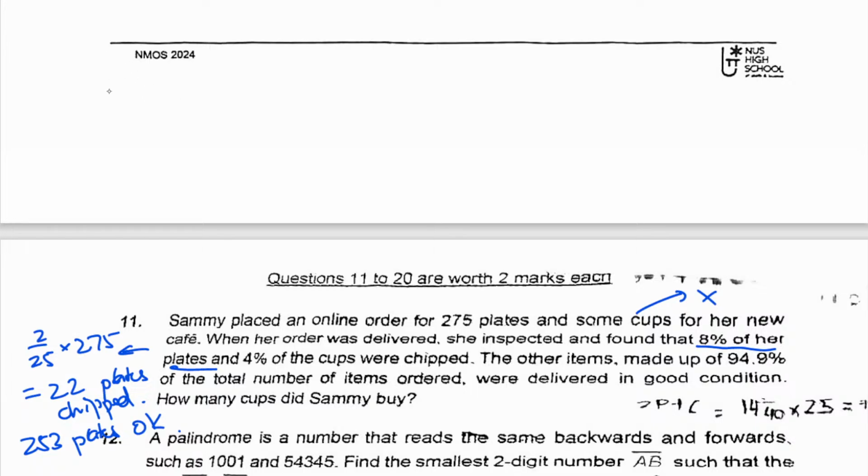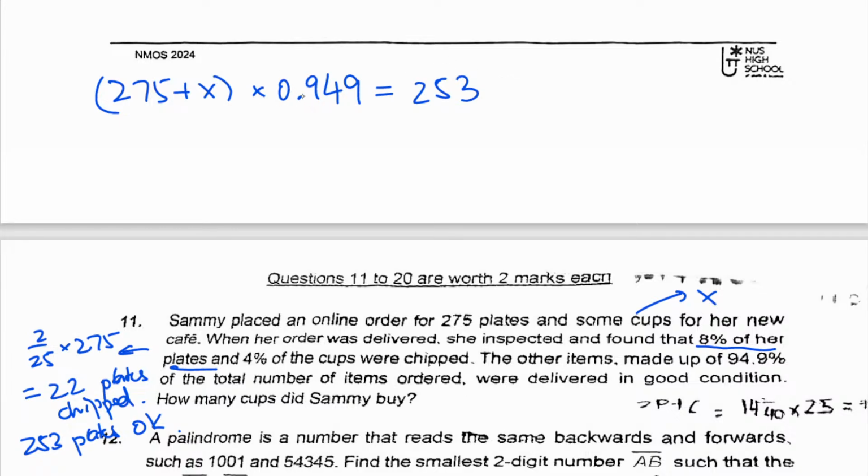So if there are X cups, the total number of items is 275 plus X. Then 94.9% are in good condition. So times 0.949 is equal to 253.